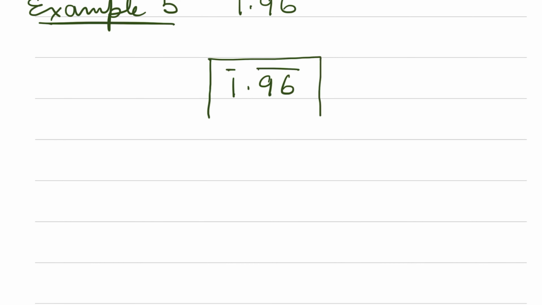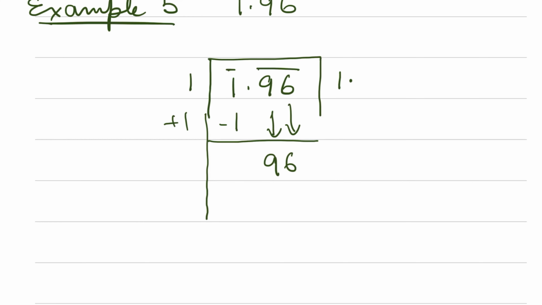So we will follow the same thing now. So 1 time 1, I get 1 here, and I'll put the decimal because I am going to take down the digits after the decimal point. Same rule for the divisor side. I am going to add 1. I have 2 here.